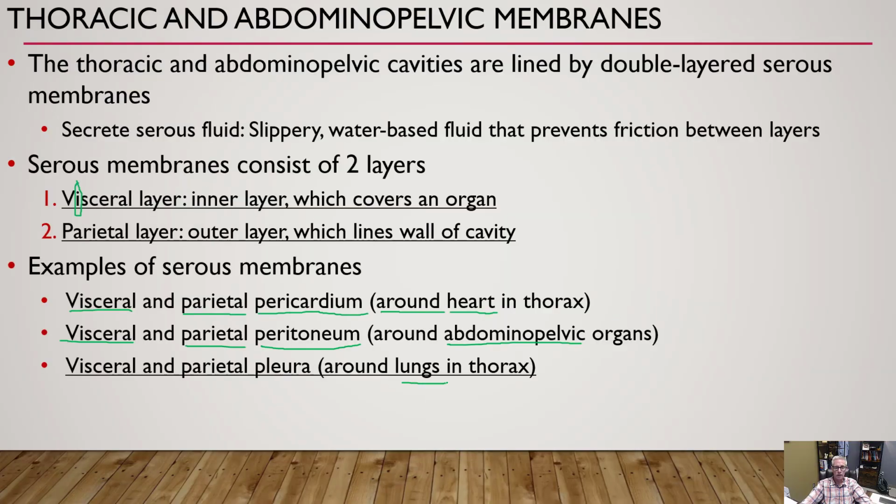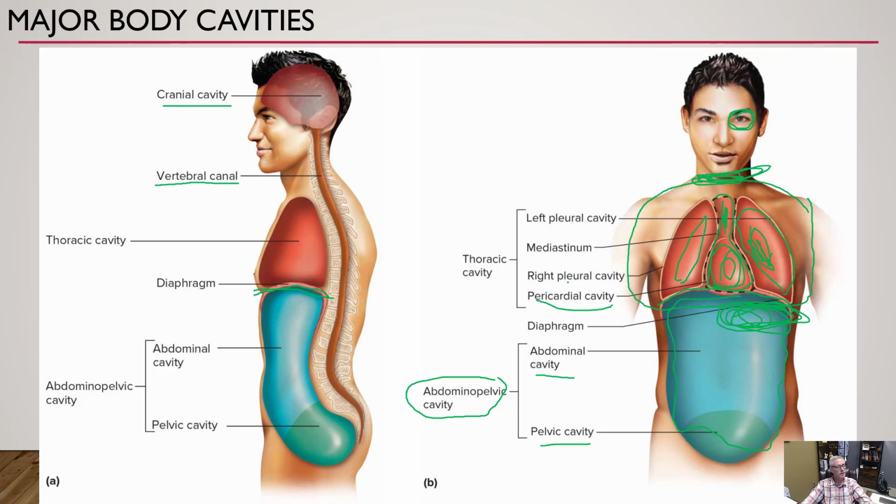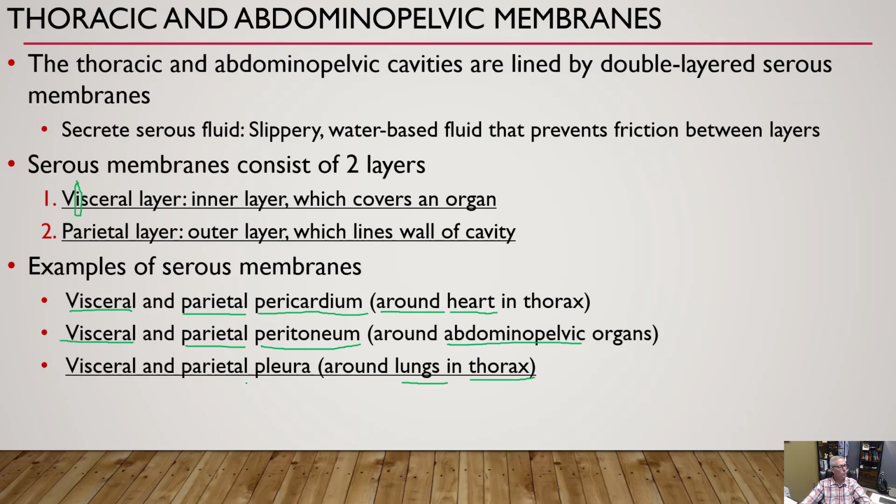We have lungs. That's in our thorax or our thoracic cavity. Remember that we call our thoracic cavity, where we house our lungs, that pleural cavity.